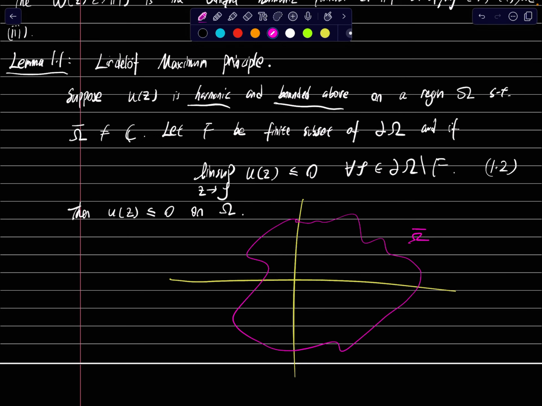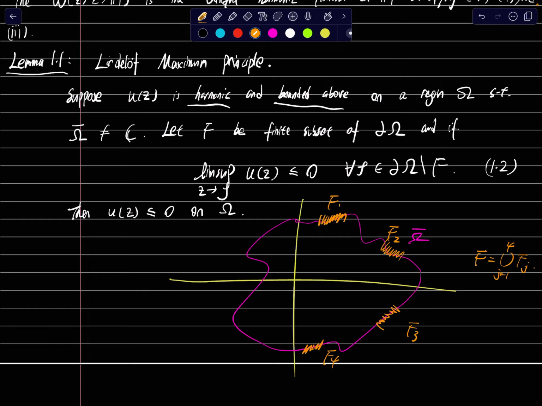And F is a finite subset on the boundary. So I can draw F1, F2, F3, and F4, and denote our F to be the union of all the Fj's.